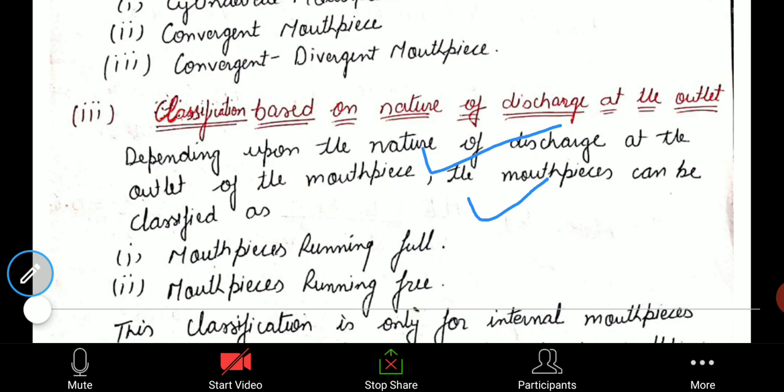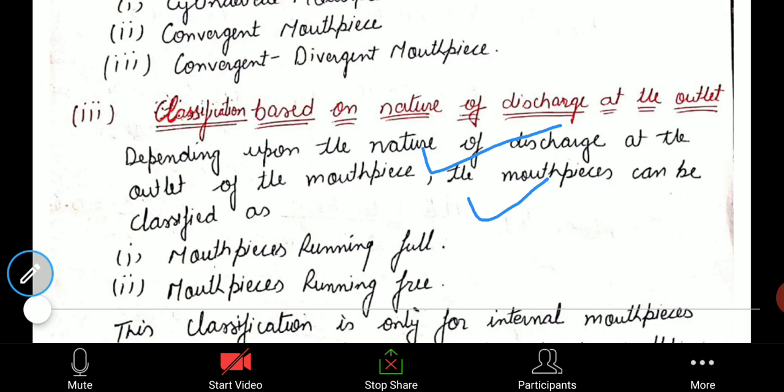Now I will give you a brief idea about what these are. We will discuss all of these, which are important from your exam point of view. But first of all, let me talk about mouthpieces running full or running free.